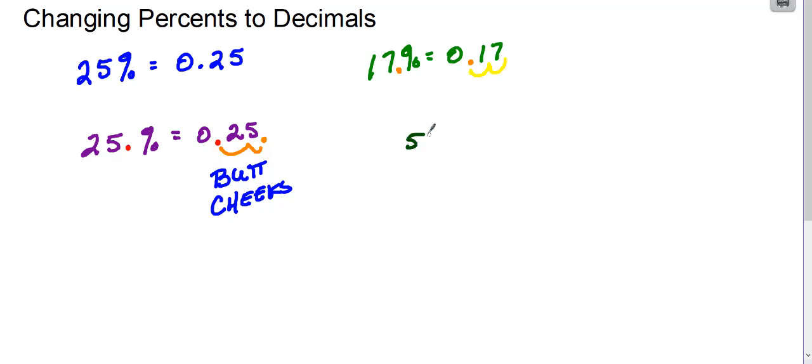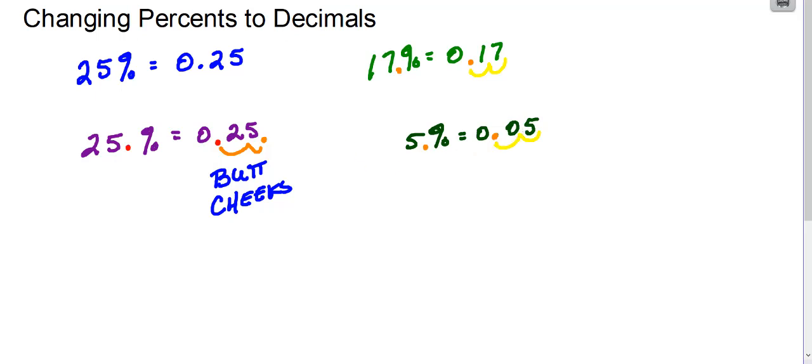On percents like 5%, the most common mistake is to write that as 0.5, but it's really 0.05. Because again, that decimal point had to move 2 times. It had to move from here over to there.